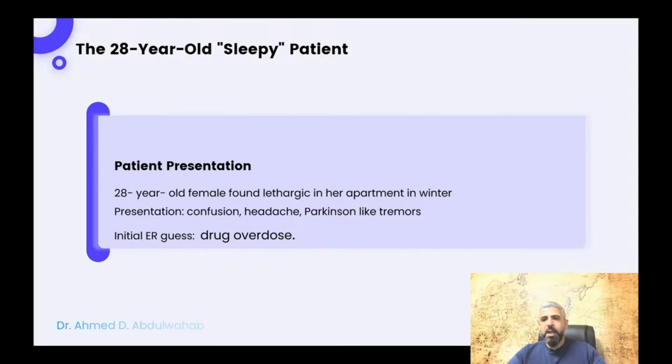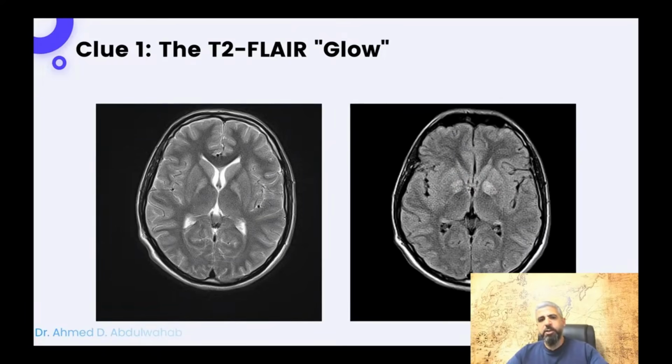Okay, so let's start with our first images. We said the main sequences are T2 and FLAIR. So this is the T2 and this is the FLAIR sequence. Look at the glow. Which part is glowing? This increased signal intensity is perfectly symmetric.